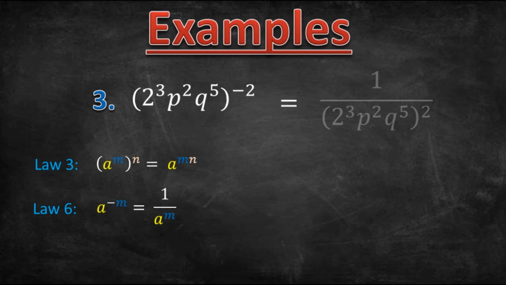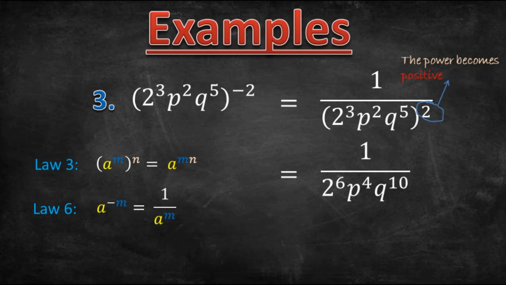So we can write it as 1 over. Now we can apply law 3 and multiply each power inside the brackets by the power outside the brackets. So it's going to be 1 over 2 to the 6, p to the 4, q to the 10. And of course, 2 to the 6 is 64. So we have 1 over 64, p to the 4, q to the 10.